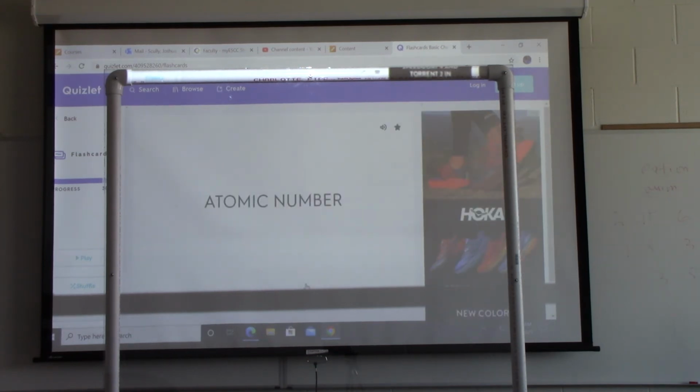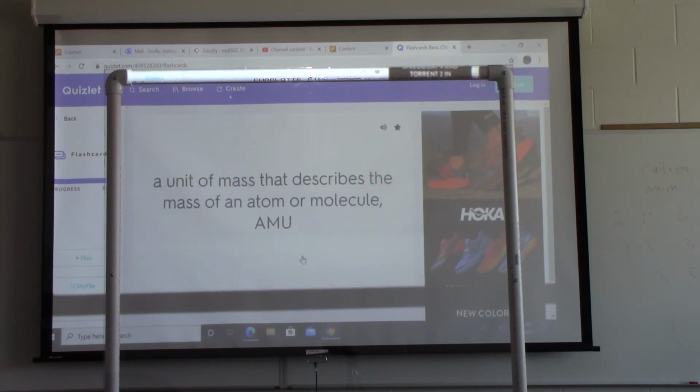Atomic number is the number of protons. It's a unique identifier of an element. Chemical symbol is a one or two letter symbol, like sodium is Na, oxygen is O. Atomic mass unit is like how we talk about pounds and grams.